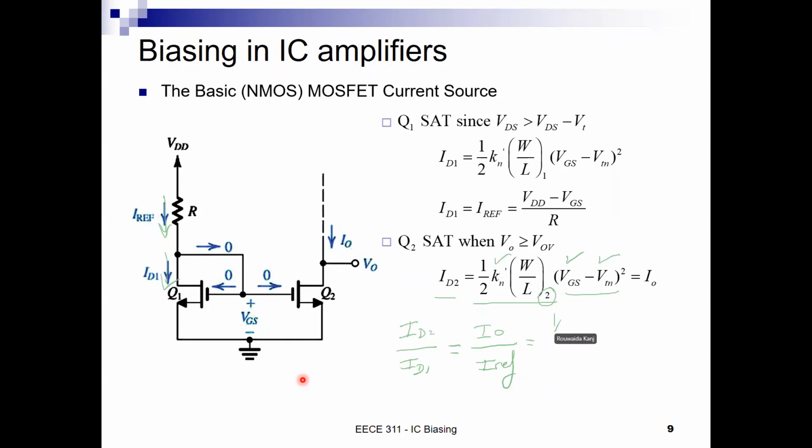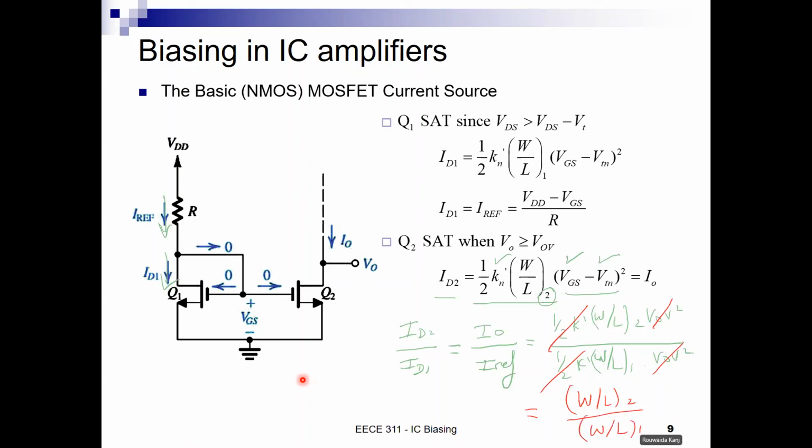And they are going to be equal to half K prime W by L2 times VOV squared, over half K prime W by L1 times VOV squared. Now I can cancel VOV from both sides, numerator and denominator. This will cancel, and I will end up with the ratio of the currents being equal to the ratio of W by L2 over W by L1.